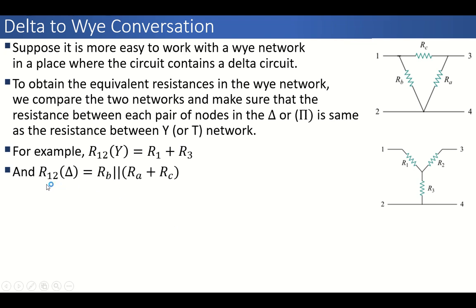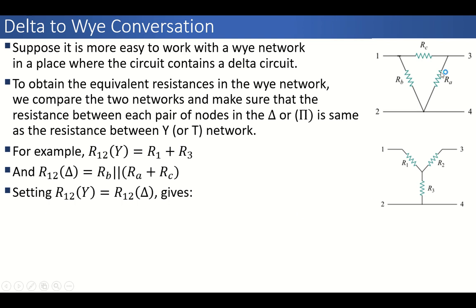But the resistance between terminals 1 and 2 in the delta network: again we are connecting an ohmmeter across the terminals. In that case RC and RA will be in series and the result will be in parallel with RB. So R12 in the delta network will be equal to RB in parallel with the series combination of RA and RC. So this will be RB parallel with RA plus RC.